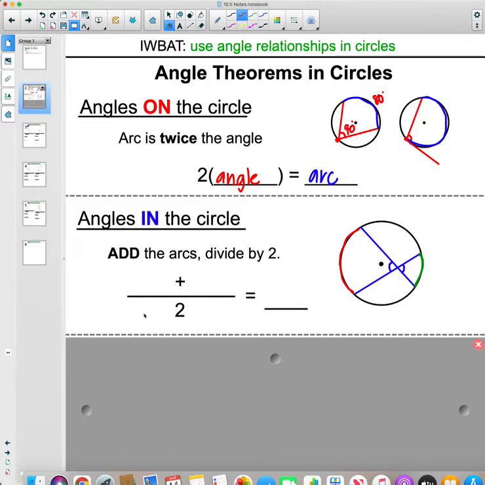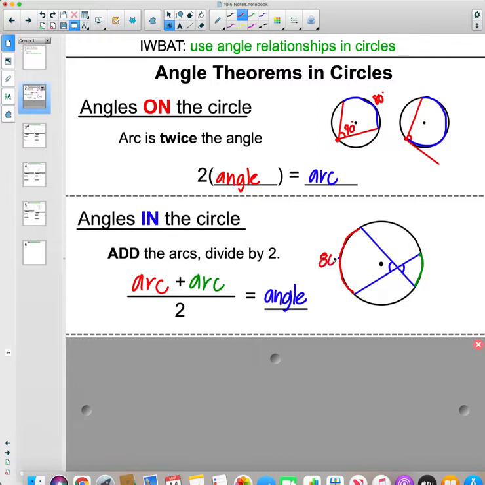So what you do in this case is you add the arcs together. We take both arcs, add them together, divide by 2, and that equals that angle on the inside. So this red arc plus green arc divided by 2 equals the angle. Let's put some measurements in here.